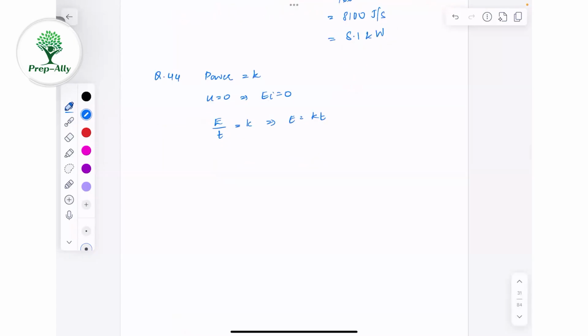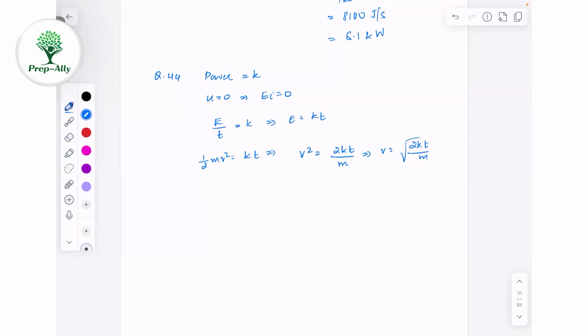Now this energy is nothing but the kinetic energy of the body, which implies half m v square. Okay, we have to get v square. Now v square is going to be 2kt by m. So here we can get velocity at instant t is root over 2kt by m.